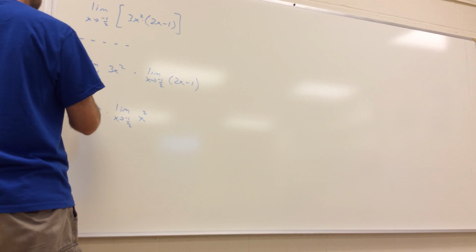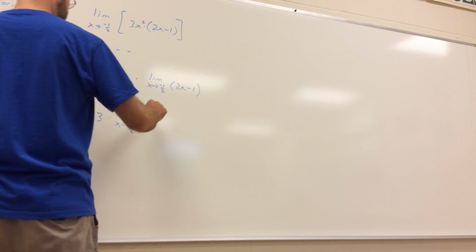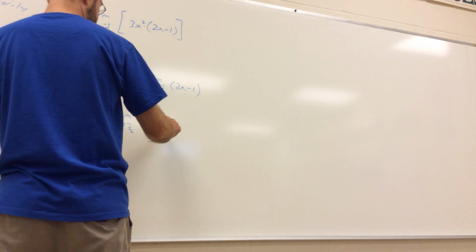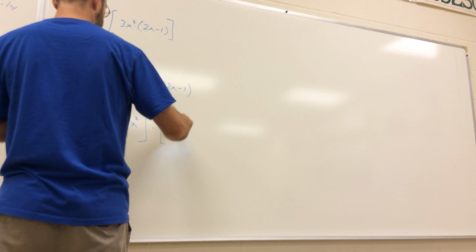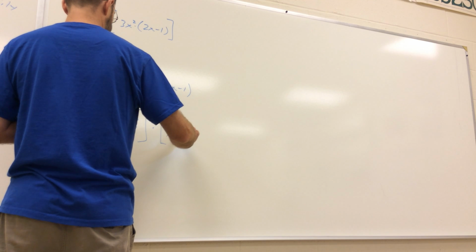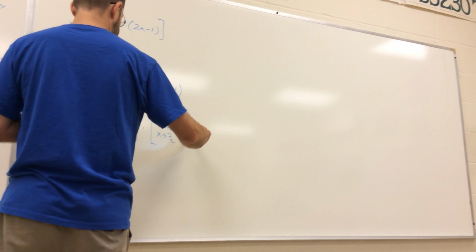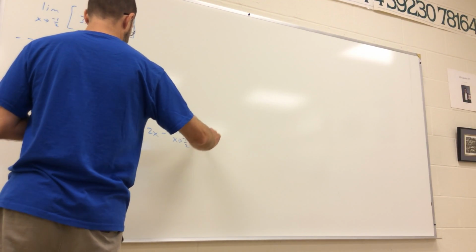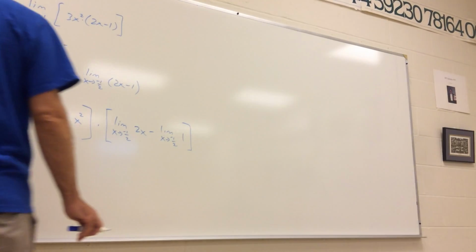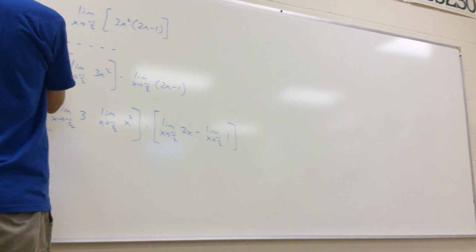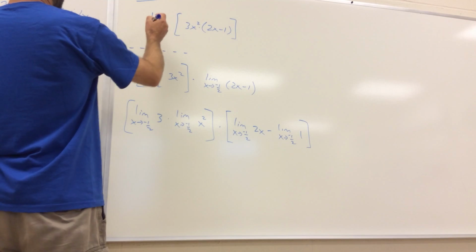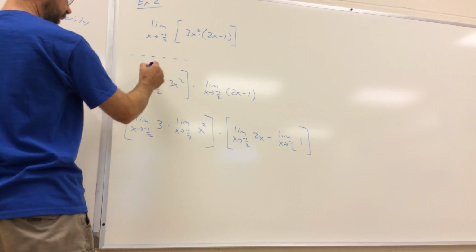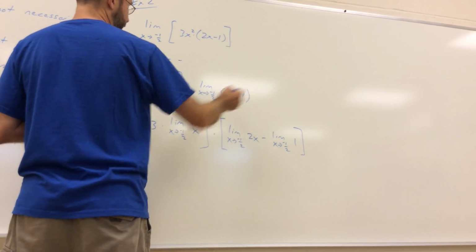And then all of that, because that's this, right, is multiplied by the limit as x approaches negative a half of 2x minus the limit as x approaches negative a half of 1. Okay, so in this first step from here to here, I just used the multiplication limit law. And then from here to here, I used the multiplication limit law and the subtraction limit law.